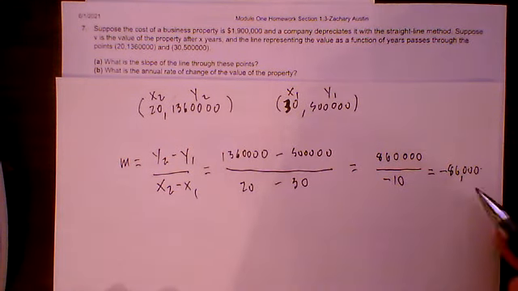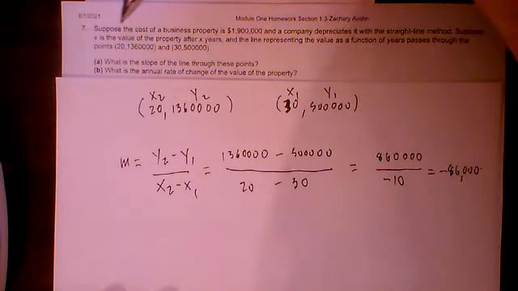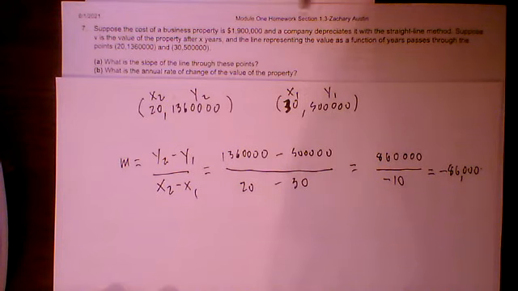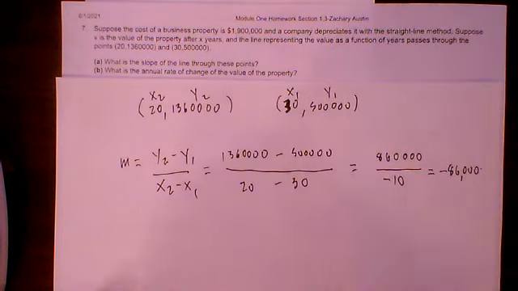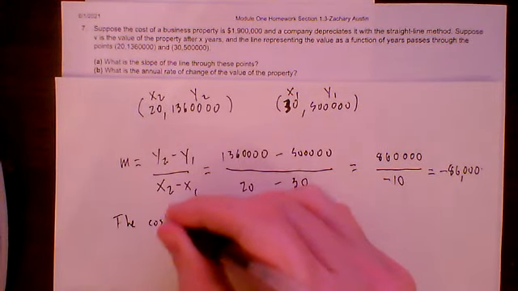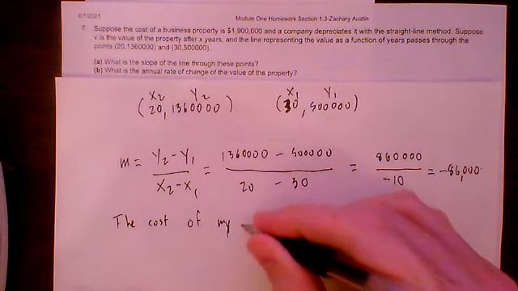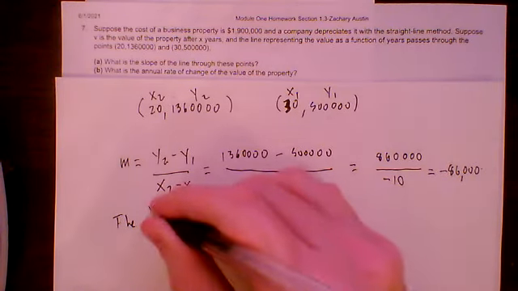But if I wanted to interpret this, what this is telling me is that this is a decrease. Okay. And this is talking about the cost of a business property. Okay. That's changing over time. So what this is telling me is that the cost of my property, well, maybe I should use the word value. That would be better.